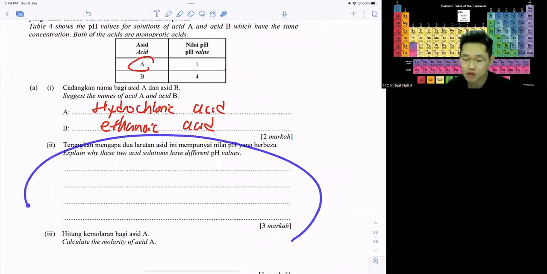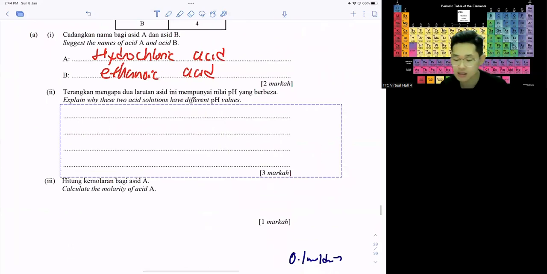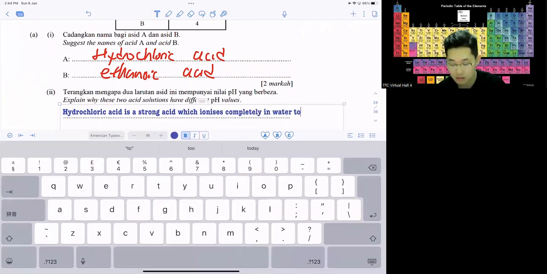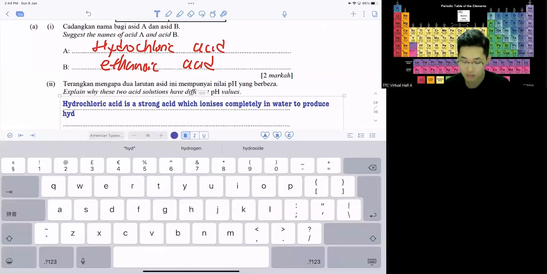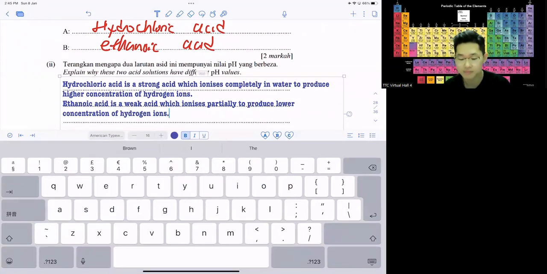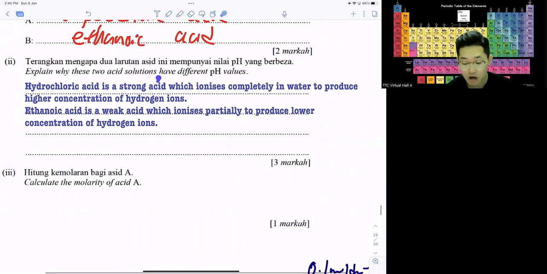Okay, then why do the two solutions have different pH value? Because hydrochloric acid is strong, ionized completely, produces higher concentration of hydrogen ion.